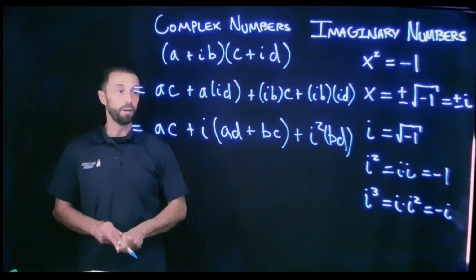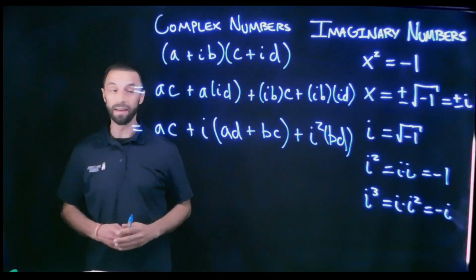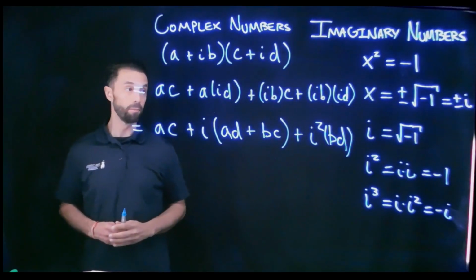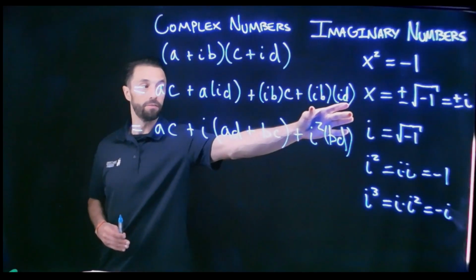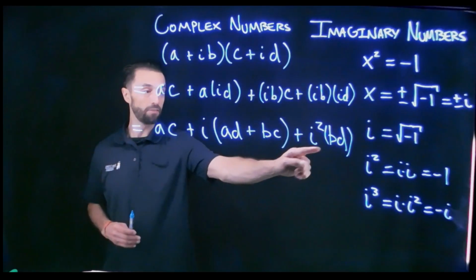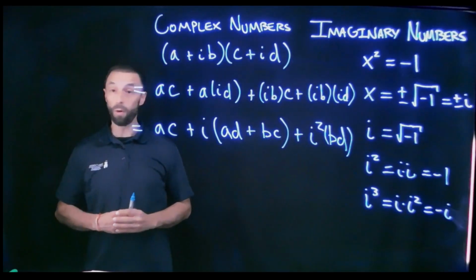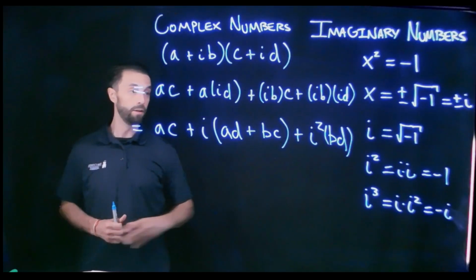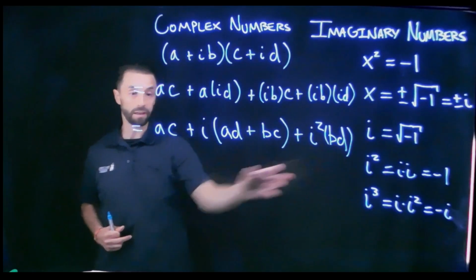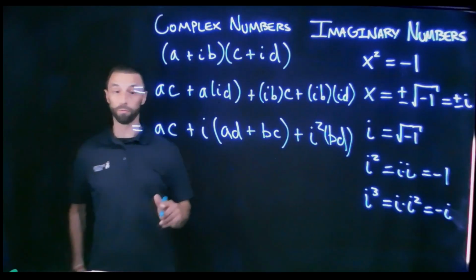Now, what I've done here is group the terms that have just one i in them, and that will be our imaginary part. And what happened to these last two terms is that it ends up being i squared times bd. But we know i squared is equal to negative 1. So this will be a real number that we can combine with ac, which is also a real number.